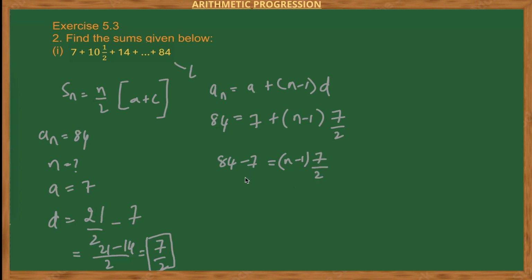Okay, 84 minus 7 is equal to 77 is equal to n minus 1 times 7 divided by 2. So let's bring this 7 over: 77 divided by 7 into 2, which will be n minus 1. So we have brought it, it changes here. 7 elevens are 77, 11 times 2 is equal to 22.